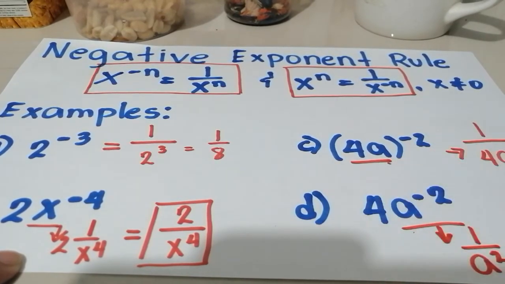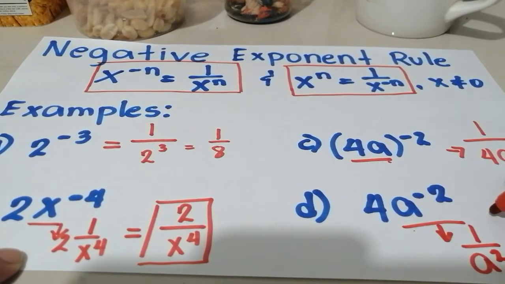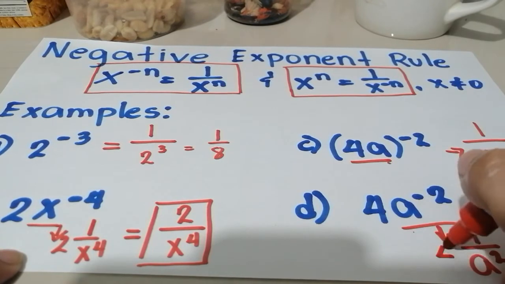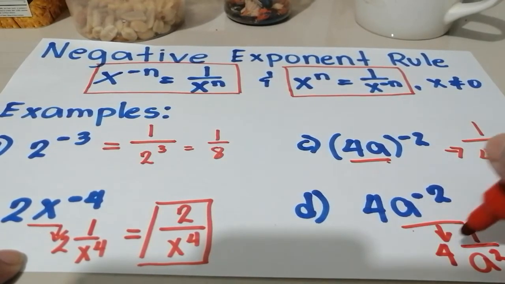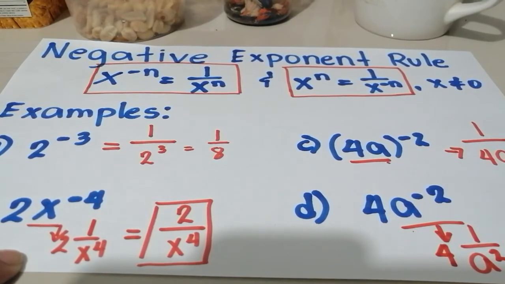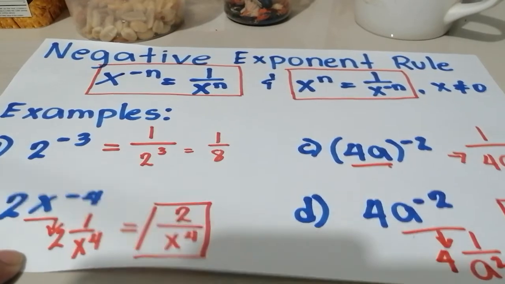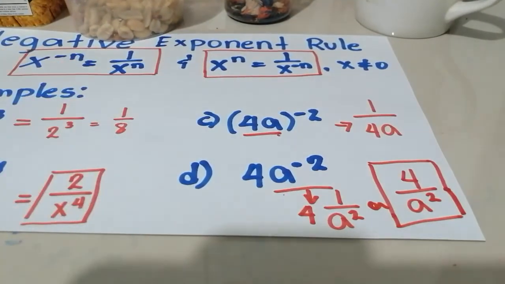So, what happened to 4? 4 will just be on top. So, we just have to write it here, or we can just have 4 times 1, so that will be 4 over a squared. So, that is the final answer.